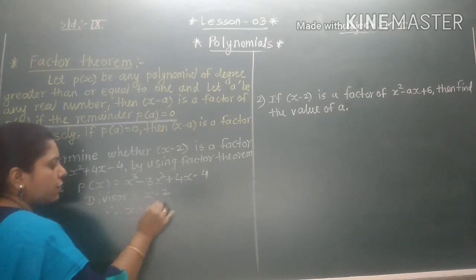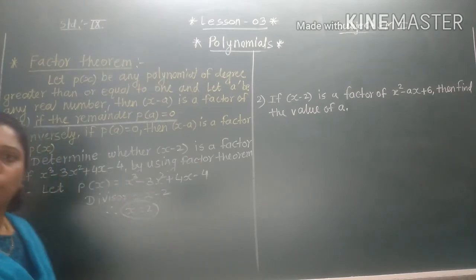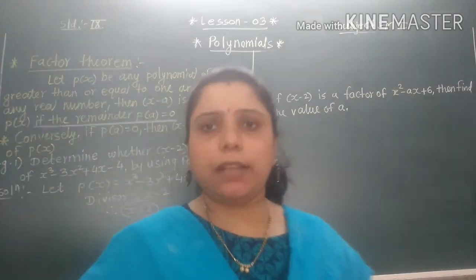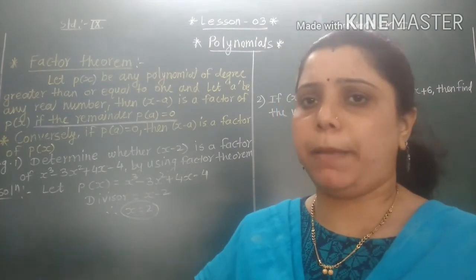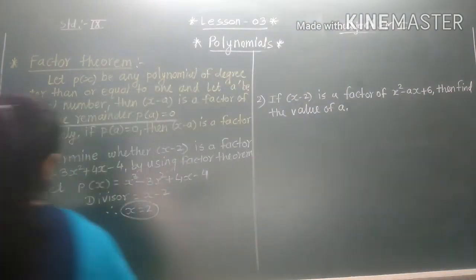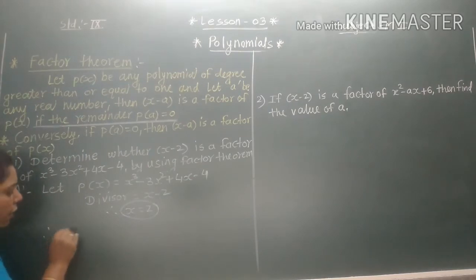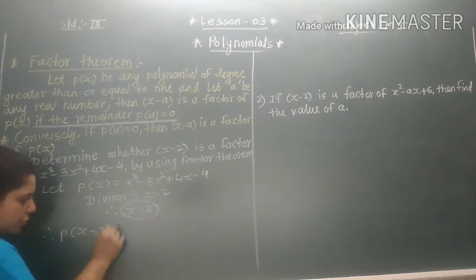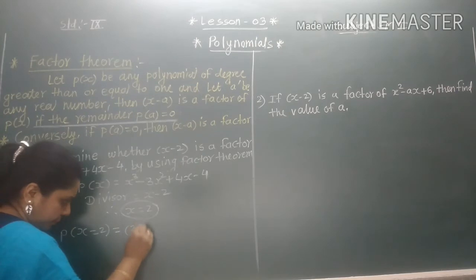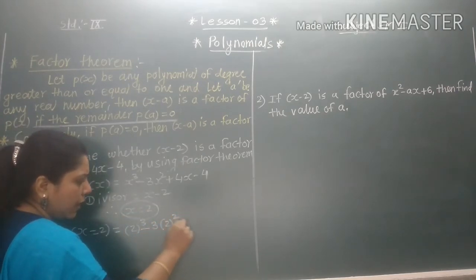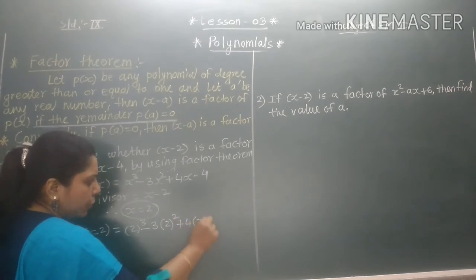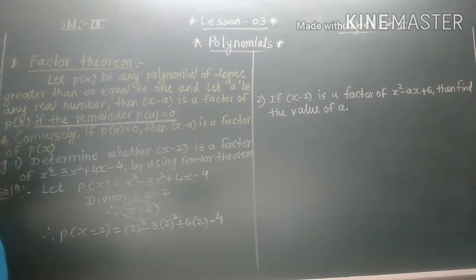Therefore, x is equal to 2. Now I substitute x equal to 2 in the given polynomial, replacing x by 2. So P of 2 is equal to 2 cubed minus 3 into 2 squared plus 4 into 2 minus 4.